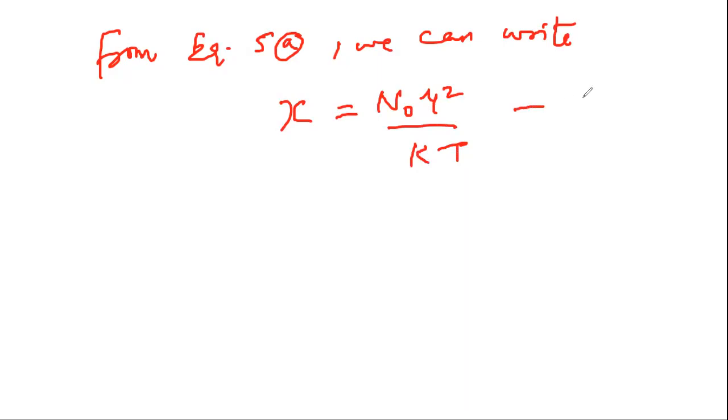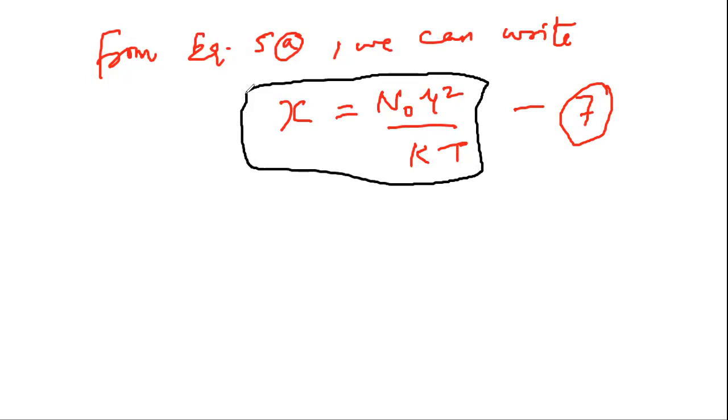I name it equation 7. You will check it. Chi, magnetic susceptibility, is written as n naught mu square by kT. See, this equation 7 expresses magnetic susceptibility of the substance in terms of the microscopic quantities.